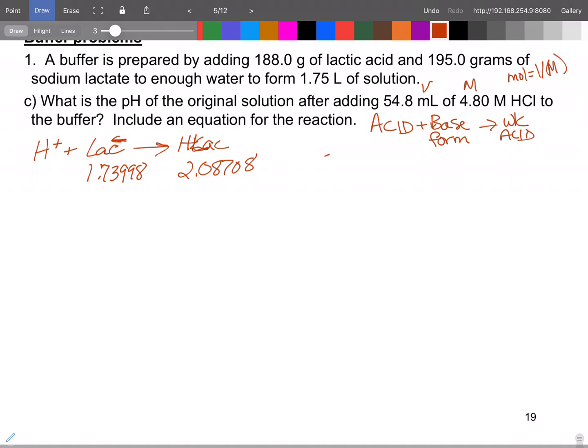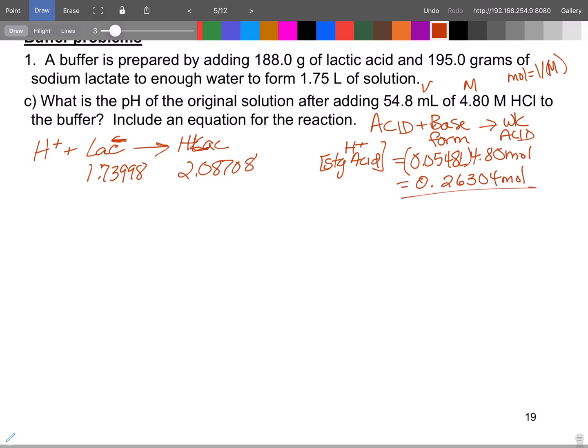Okay? So, our strong acid, which is H plus, is going to be equal to 0.0548 liters times 4.80 molar, which means that it is equal to 0.26304 moles.